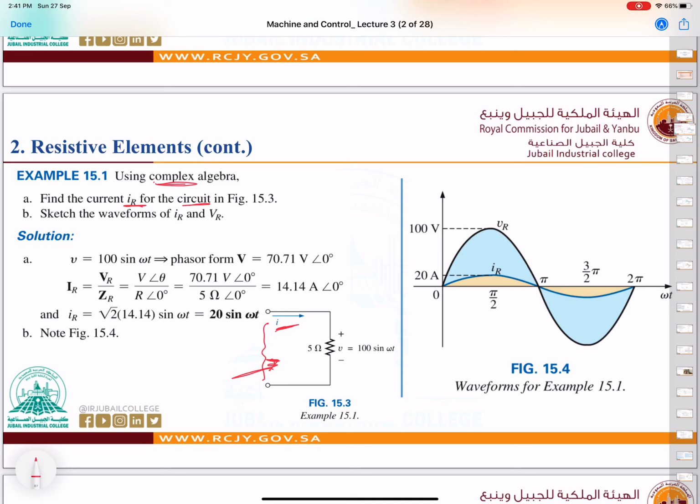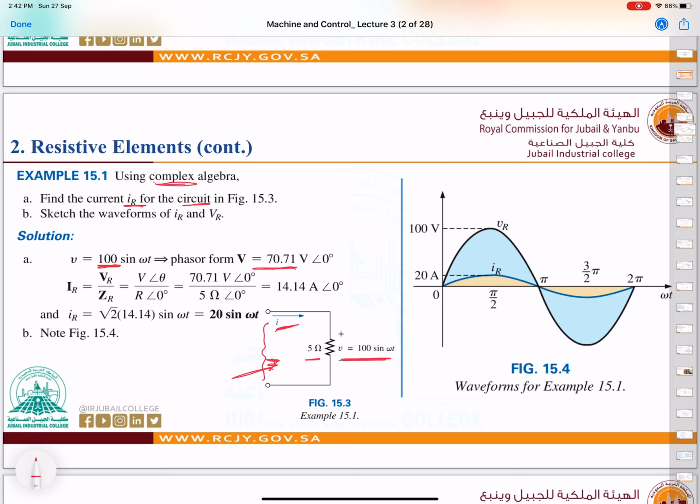The voltage source is equal to 100 sine omega t, and we have a resistor. Because this one is V maximum, we need it to be V RMS, and we already know how to calculate it.